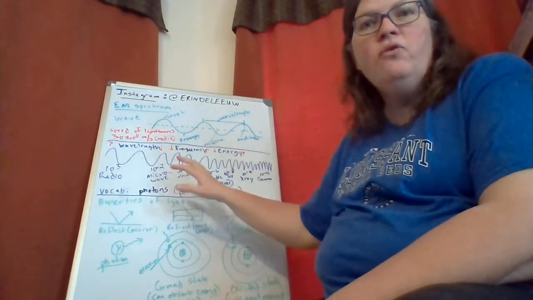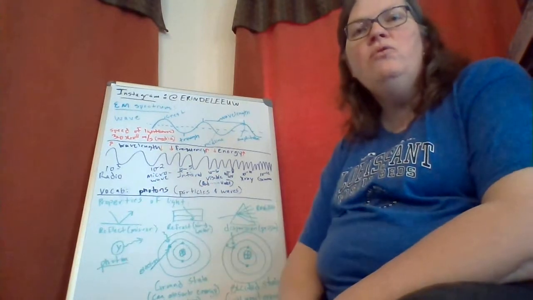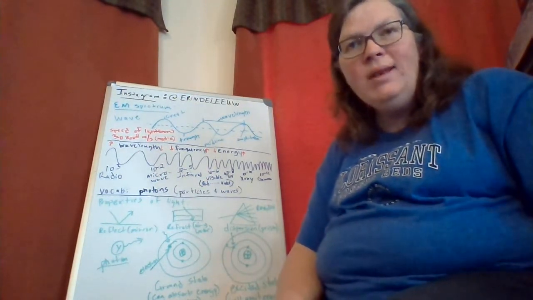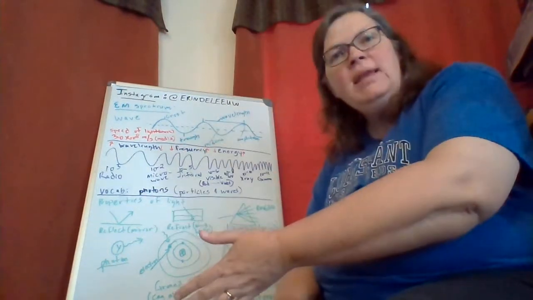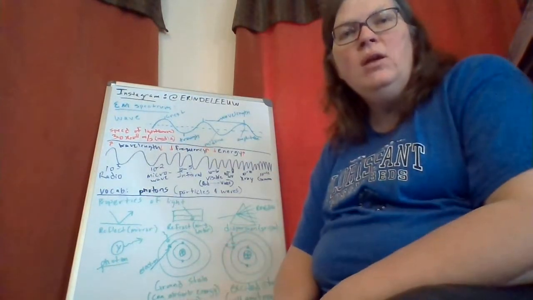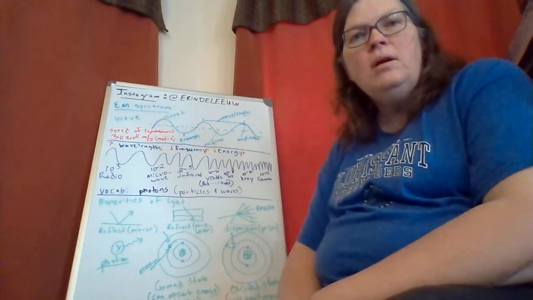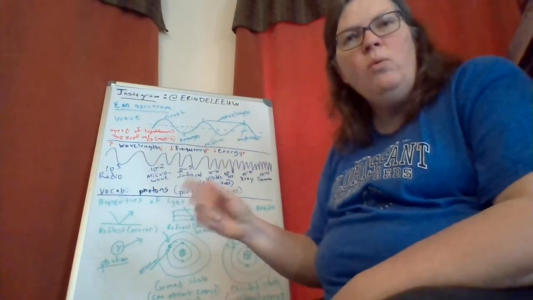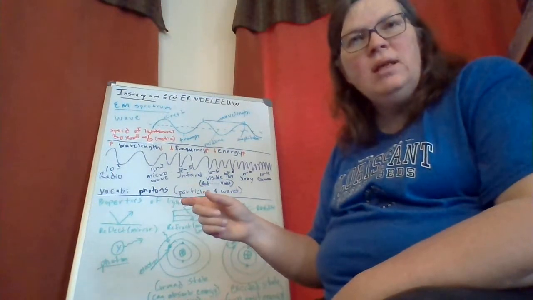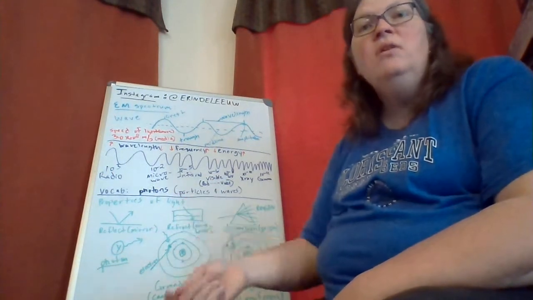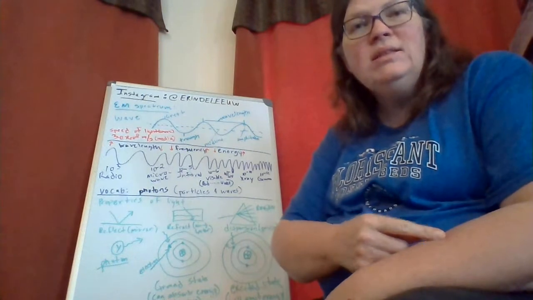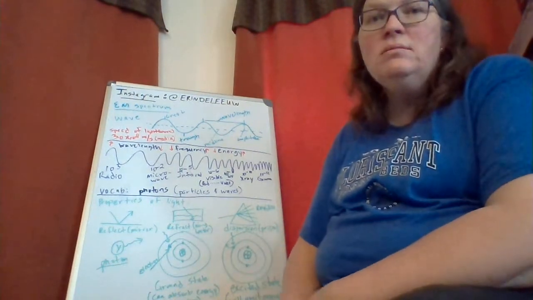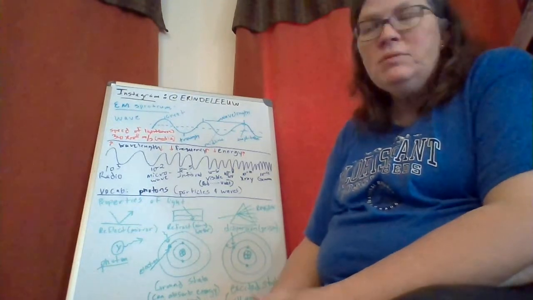So you go from 107.9 to 88.1, and you're changing the frequency. You can get 88.1, that is a lower frequency, versus 107.9, and that's a higher frequency. So that is an example of radio waves.